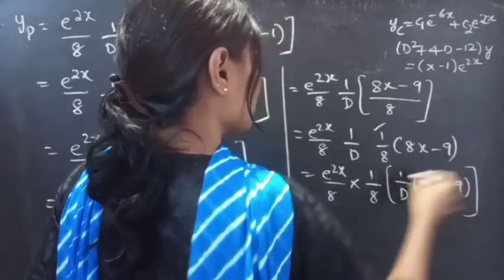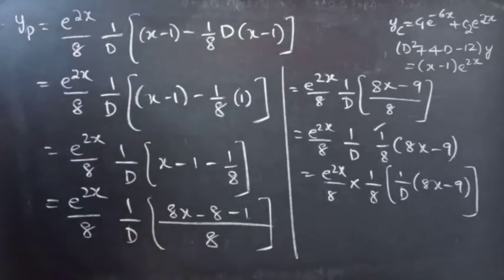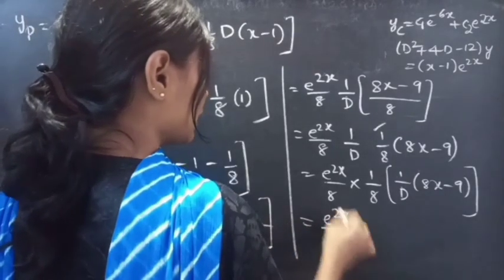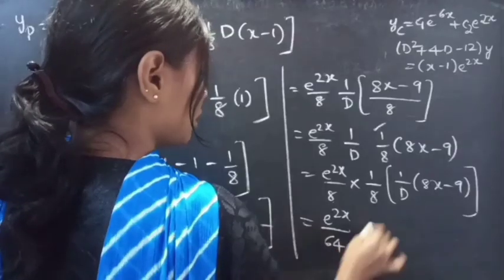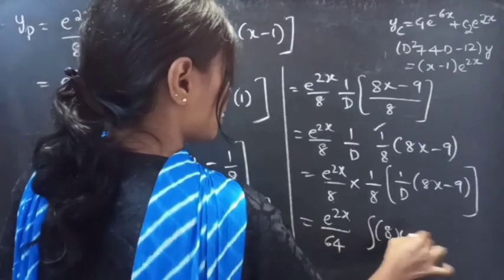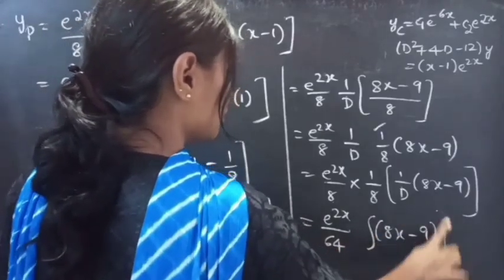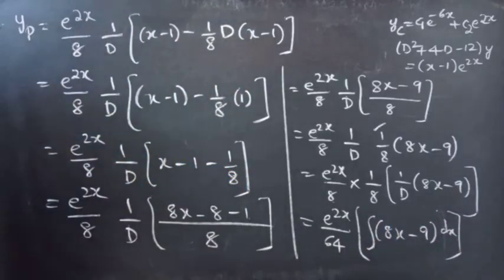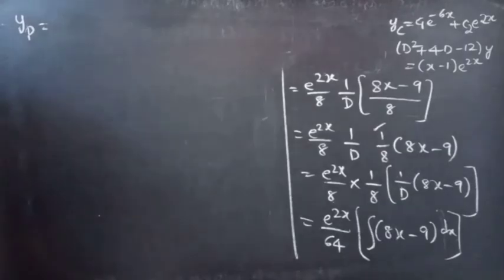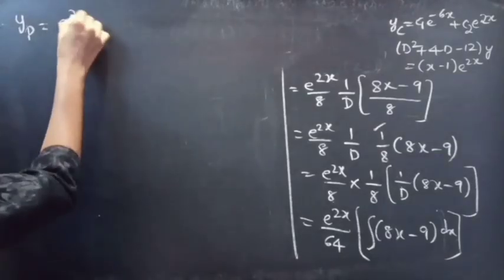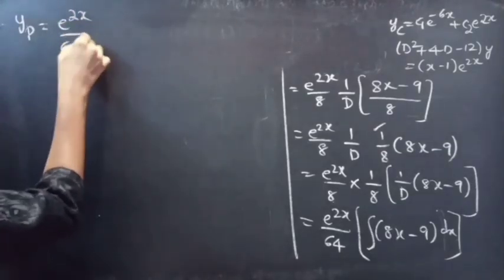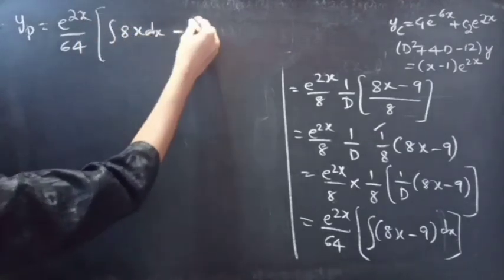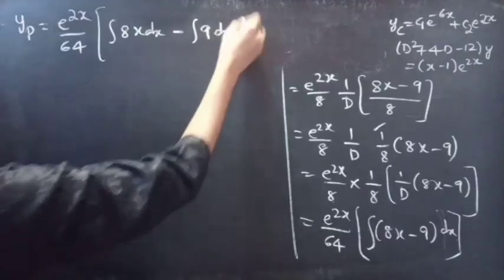We know that 1 by D is an integral operator, so now we'll perform integration. This equals e power 2x by 8 times 8, which is 64, integral of (8x minus 9) dx. Then yp becomes e power 2x by 64 into (integral 8x dx minus integral 9 dx).